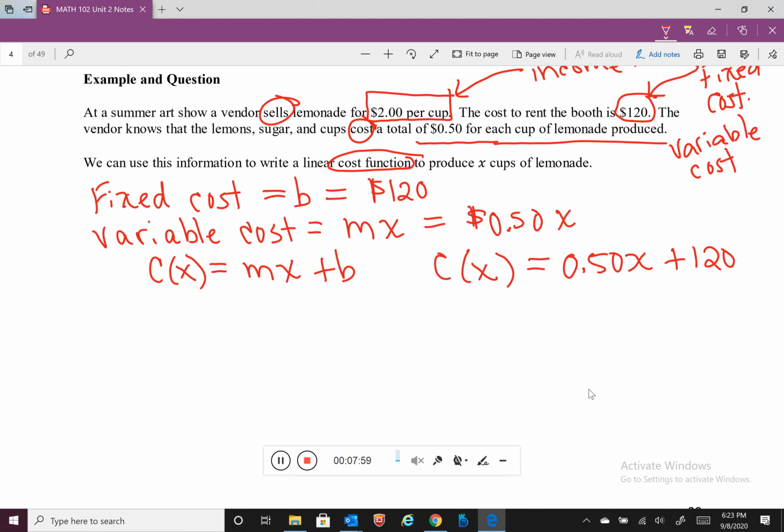And then later on in this course, we're going to actually also determine what our revenue function would be and what our profit function will be.